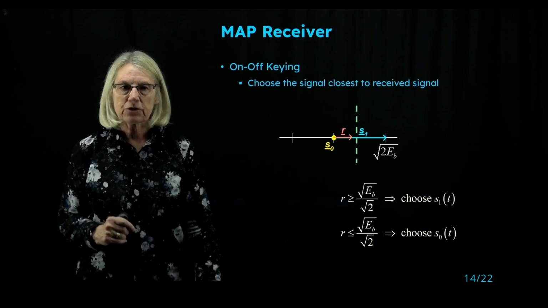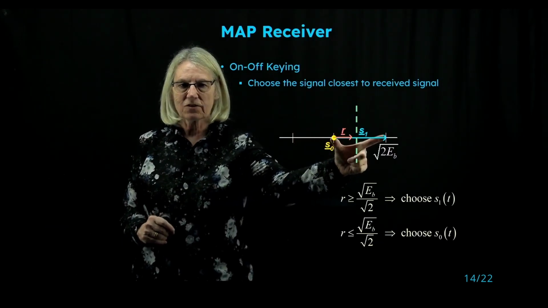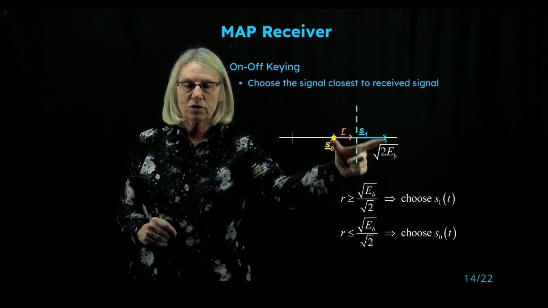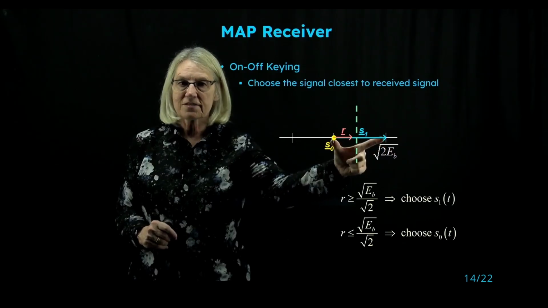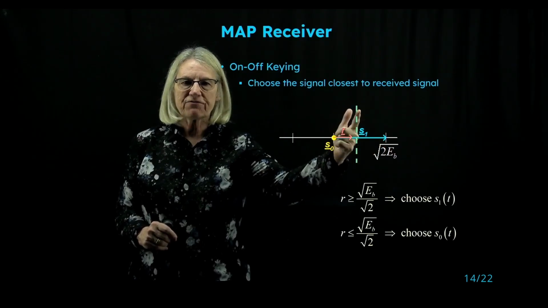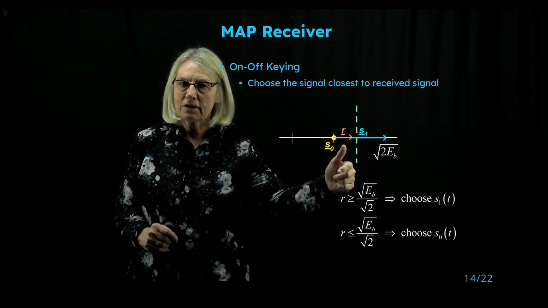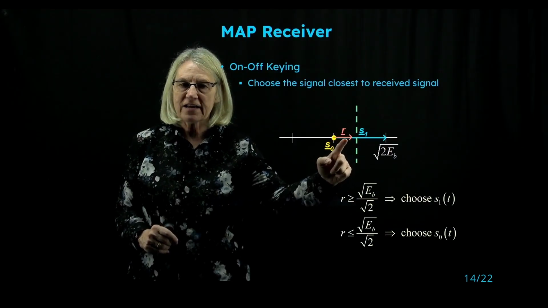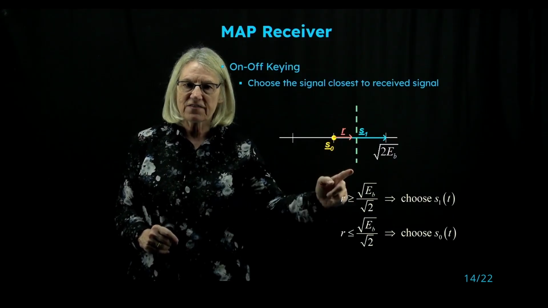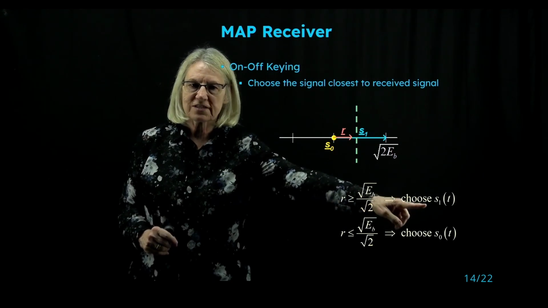So what I said I would do is take the 2 means, the locations of the 2 symbols in signal space, and find the midpoint between them. That would form my threshold. Depending on where this R is, if R is greater than this midpoint, I will choose signal 1.